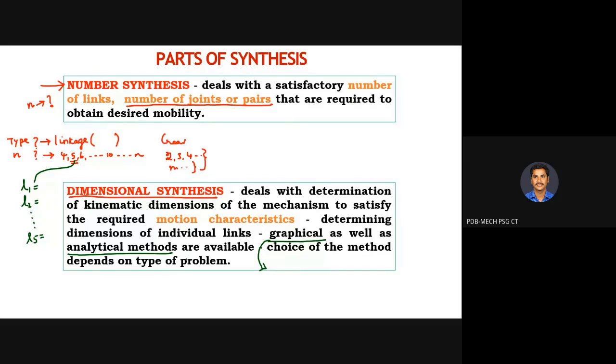Analytical methods we will solve for some cases. As I told yesterday, the graphical method is very simple and easy to proceed with, but with the analytical method, as far as the problems are complex in nature, it is somewhat difficult to proceed. Those complexities can be easily rectified by following graphical approaches.